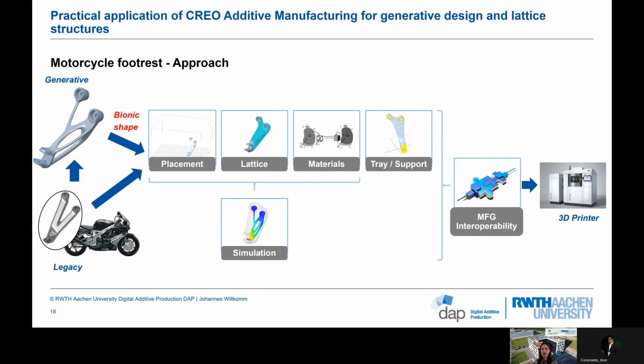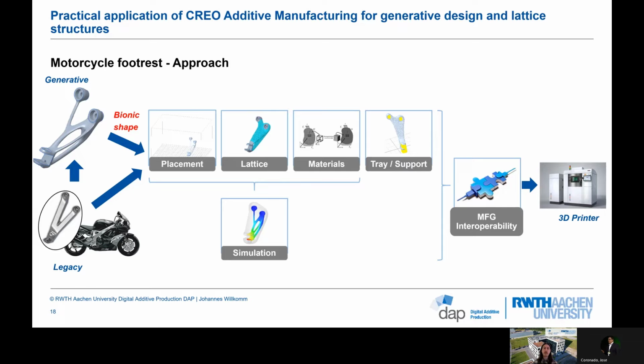A really important step in designing for laser powder bed fusion is to define the orientation and placement of our part on the build platform, because the design restrictions rely on this orientation. So we have to do this at a really early stage of our design process.